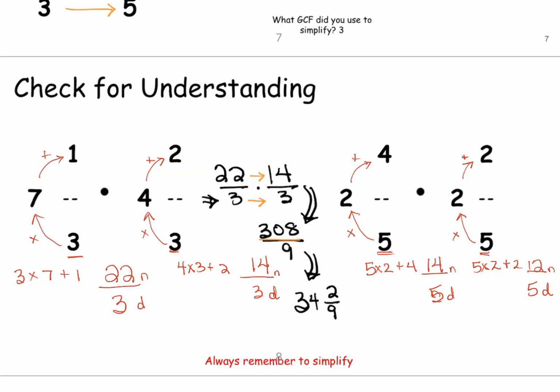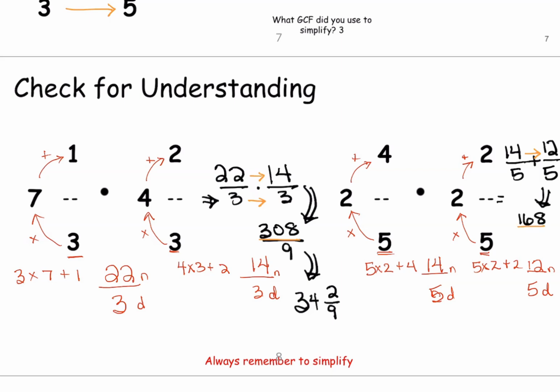So here for this problem, we have 14 over 5 times 12 over 5. Oh, nope, I misspoke, this is a multiplication problem. 14 times 12 is 168.